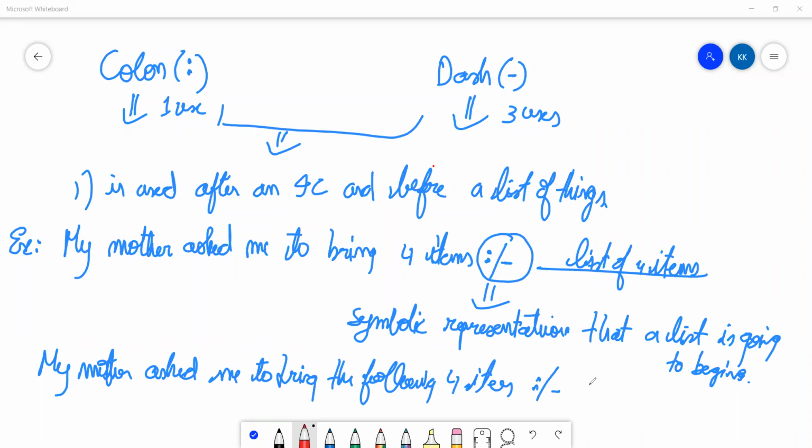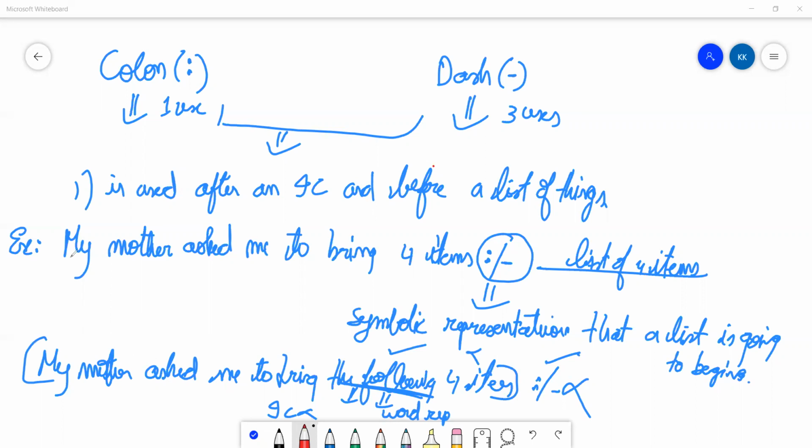Why no, Dhanwant? Ma'am, because it's already mentioned that following 4 items. Correct. So there is already a word representation that a list is going to begin. So you can either have a symbolic representation or you can have a word representation. Plus, because of the presence of the word following, this is no more an independent clause, right? So you cannot have a colon or dash.